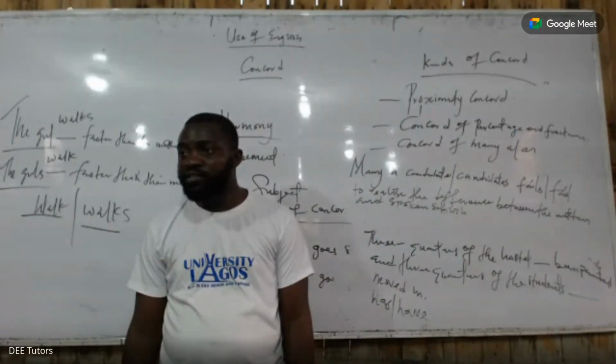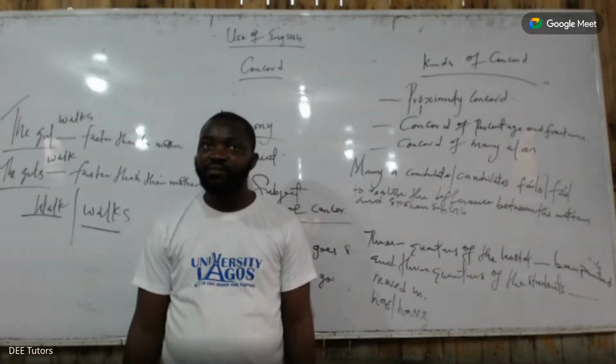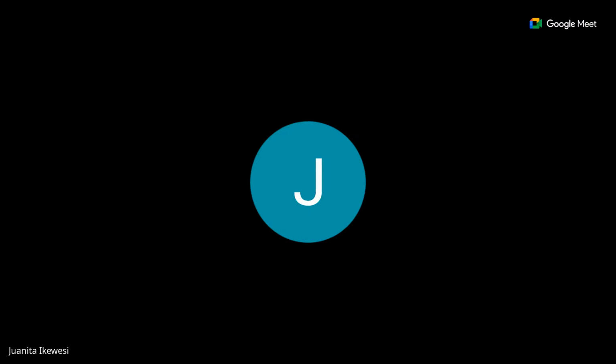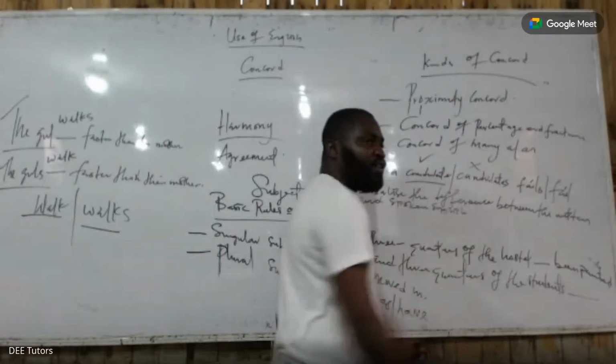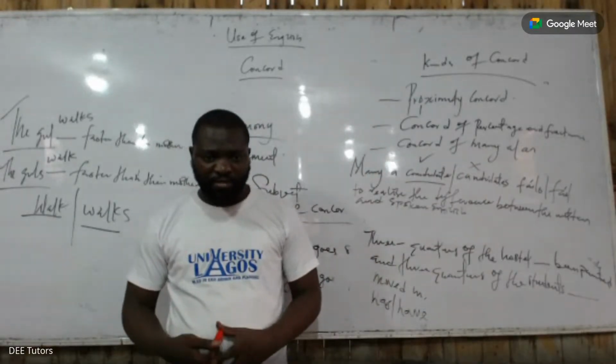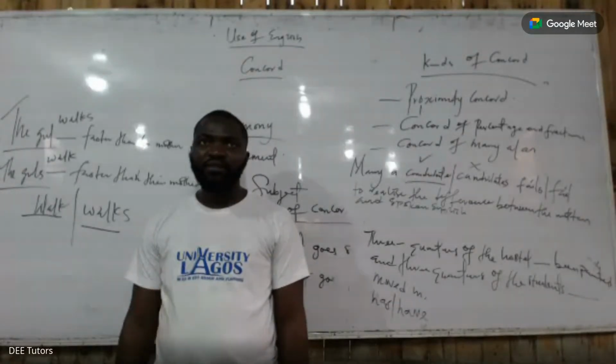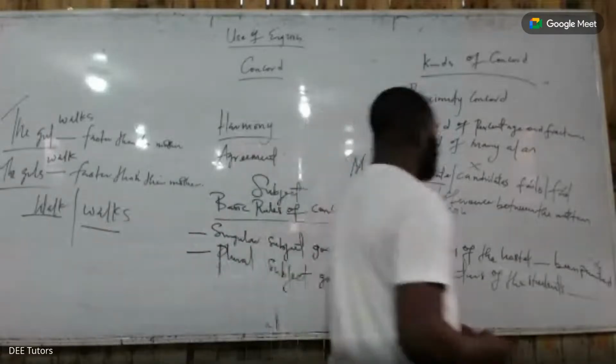If it must be singular, what should be the answer? Candidate or candidates? Candidate. So this is the answer. This is wrong. This is correct. Do you get me? And the verb to be used should be what? Fails. Correct. This is wrong.